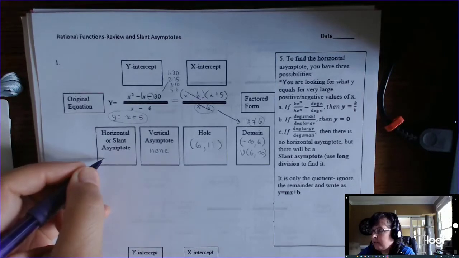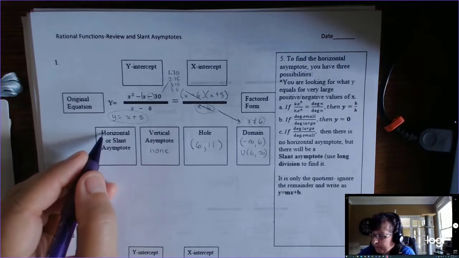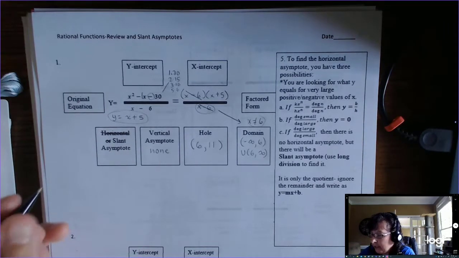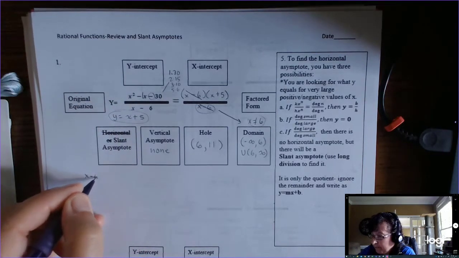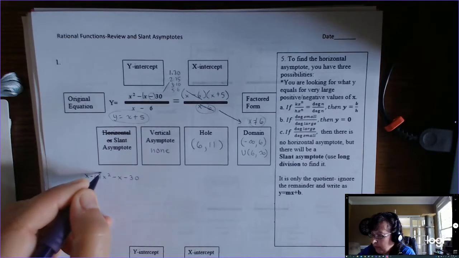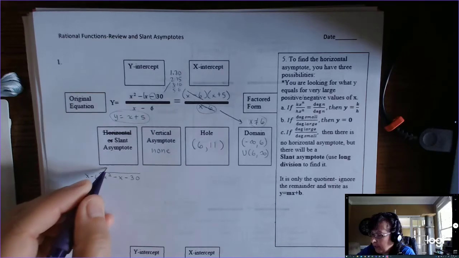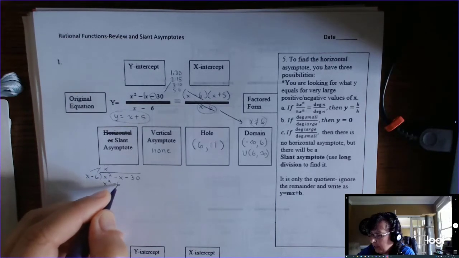Okay, so the slant asymptote, something interesting is happening here. What you have to do is use either long division or synthetic division. So you're going to divide x minus 6 into x squared minus x minus 30, and I'm using long division here first just to review it. So x squared divided by x is x, and then multiply it back out. That gives you x squared minus 6x.